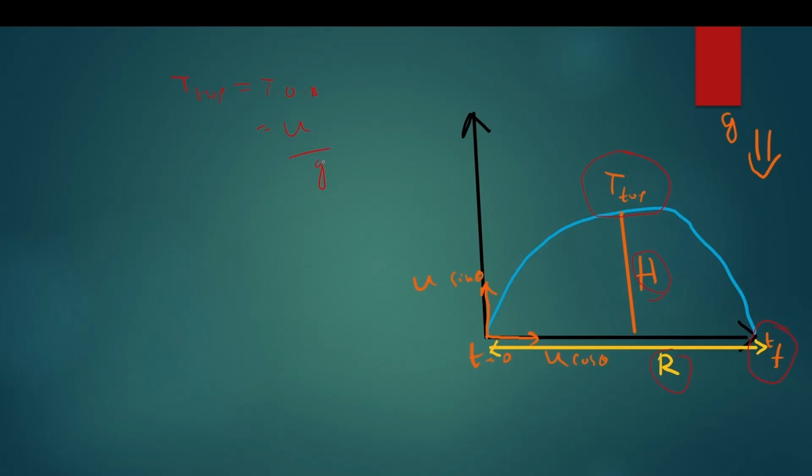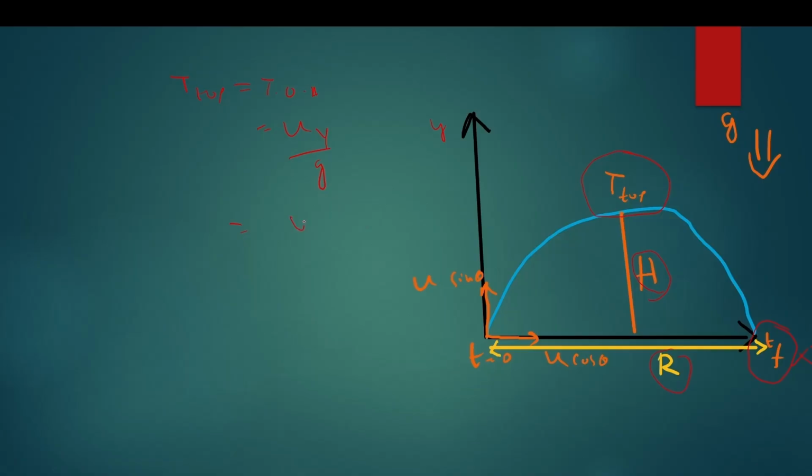But here in the projectile motion, the component that is giving the factor is uy. So in the y axis, the component of the velocity is u sin theta.